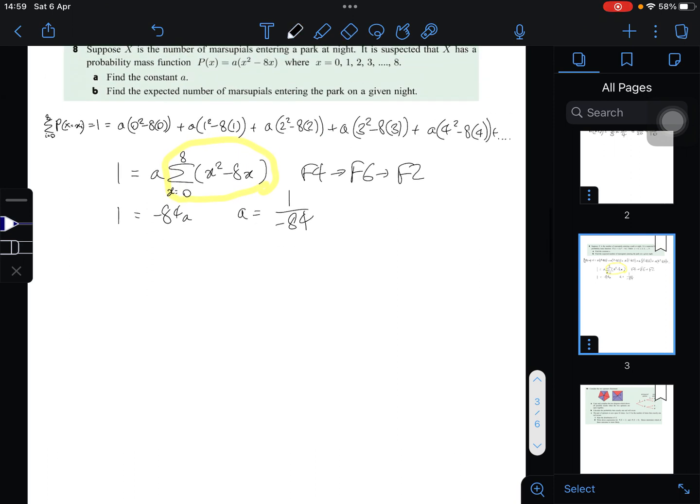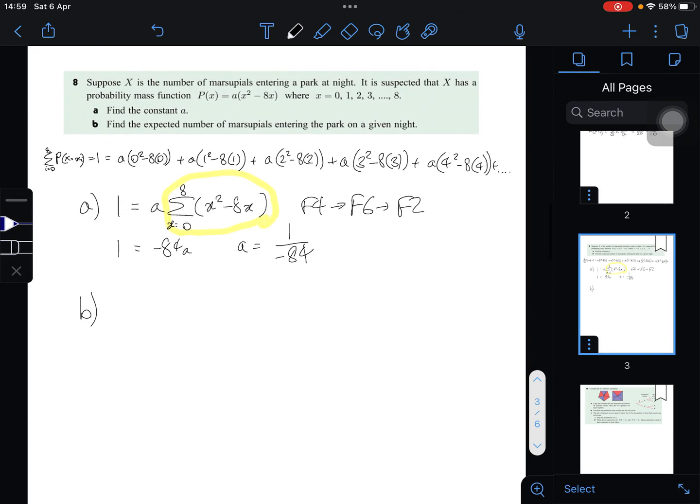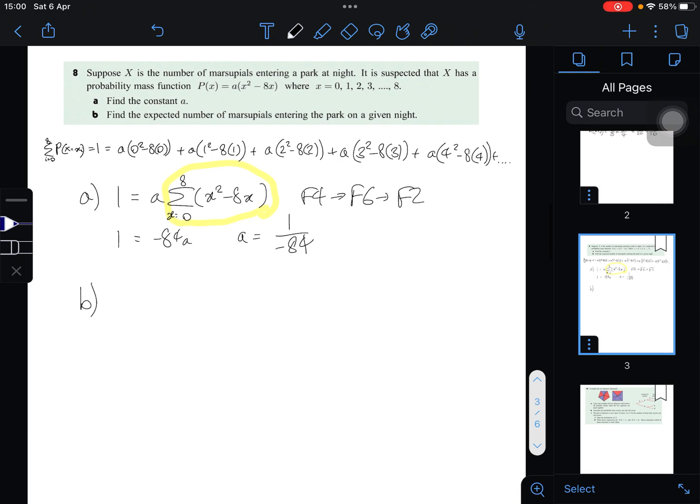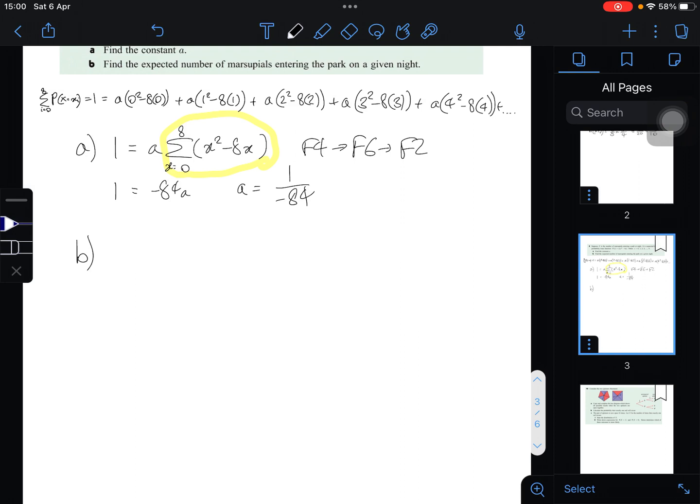So that's part A. Part B. Find the expected number of marsupials, whatever the heck that is, entering the park on a given night. Again, let's show how you do this manually, and then let's show how you do it with a calculator. So again, same thing.